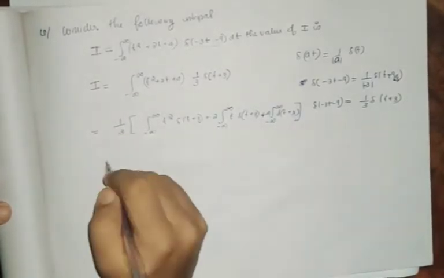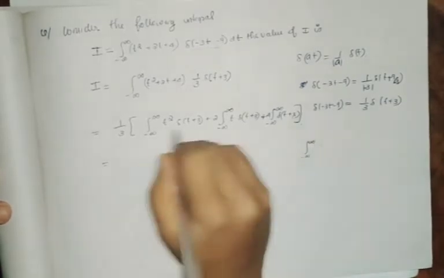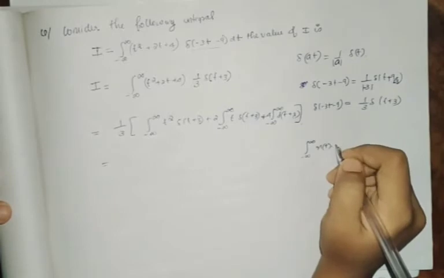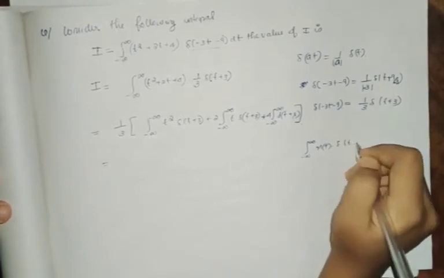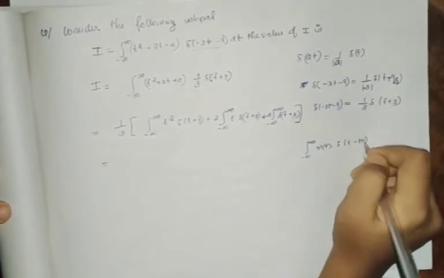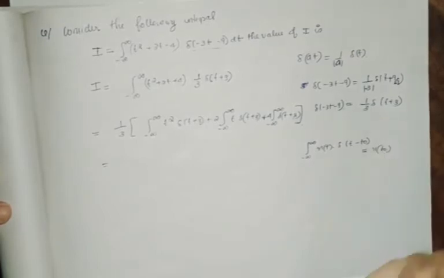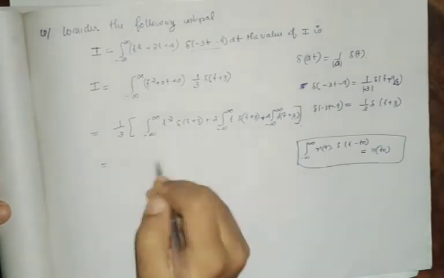By the property of the impulse, the integral minus infinity to infinity x of t del of t minus t0 equals x of t0. So this is a property of the impulse signal.